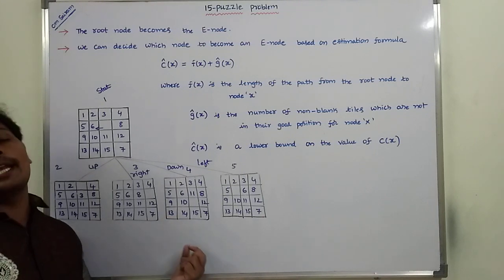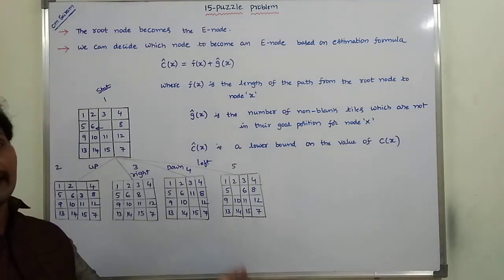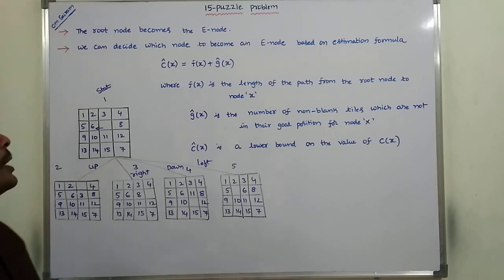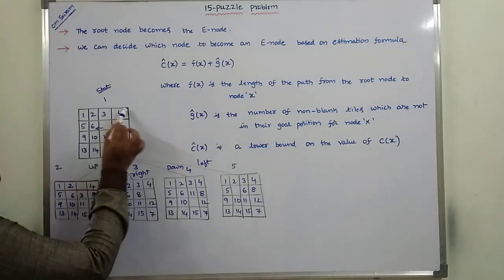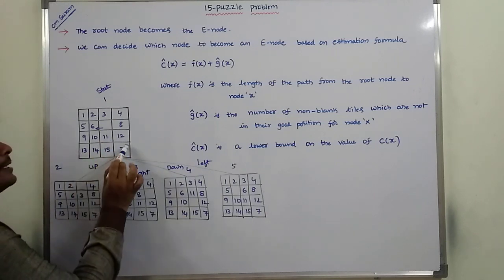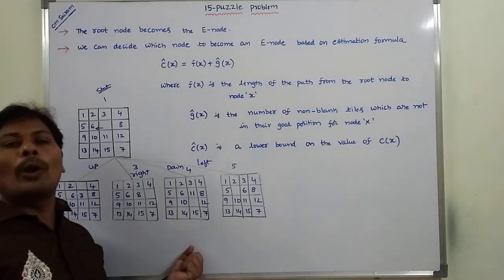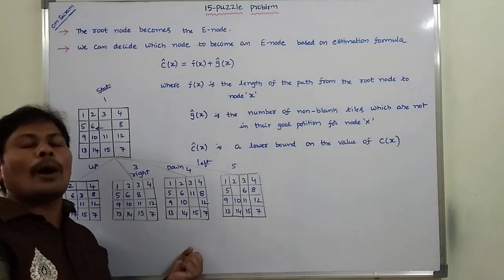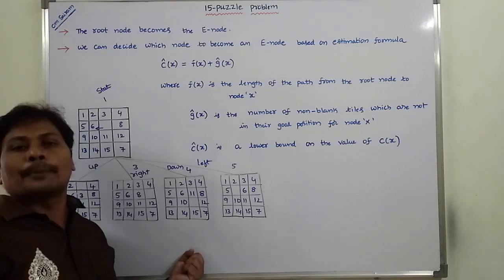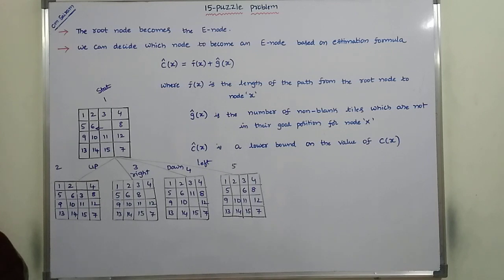At which node, at which level, do we reach the goal state? Goal state is nothing but 1, 2, 3, 4, 5, 6, 7, 8, 9, 10, 11, 12, 13, 14, 15. The last is the empty slot. That is the goal arrangement. If we reach the goal arrangement, we have to stop extending this procedure. So then the construction of the state space tree is completed.